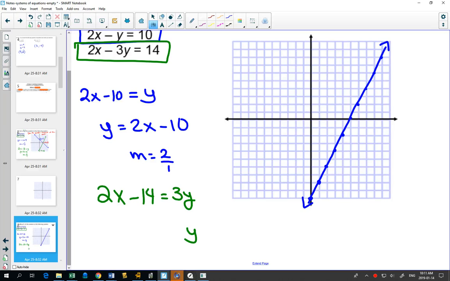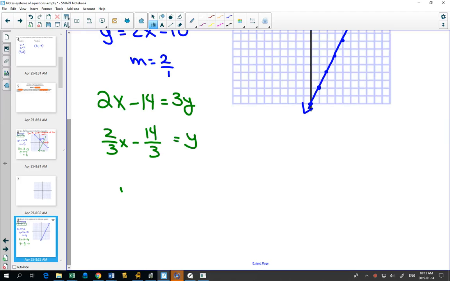So then I get y equals 2/3 x minus 14 over 3. Excellent. What's not nice about this line? The y-intercept is a fraction.